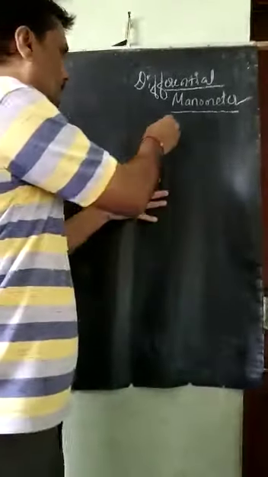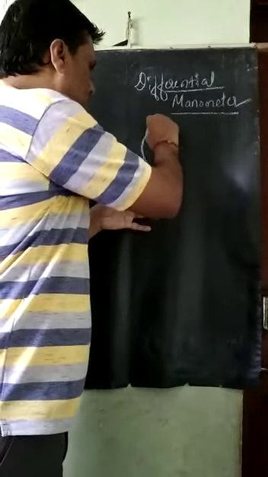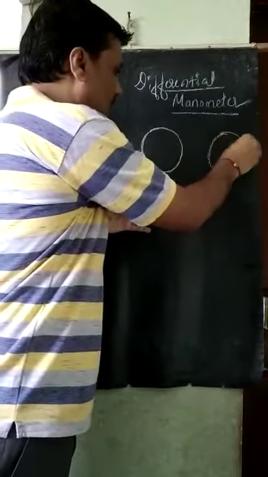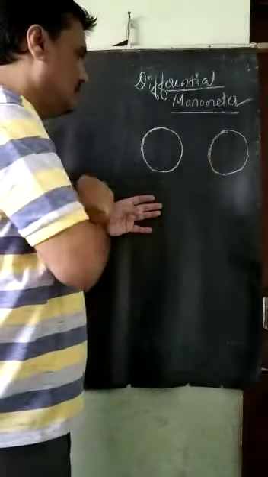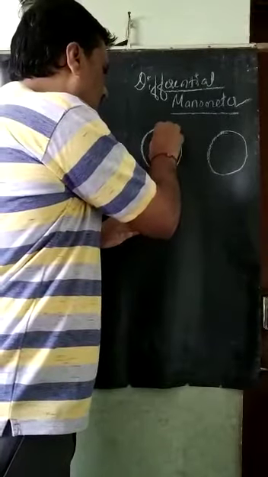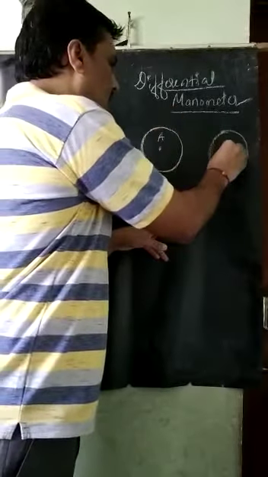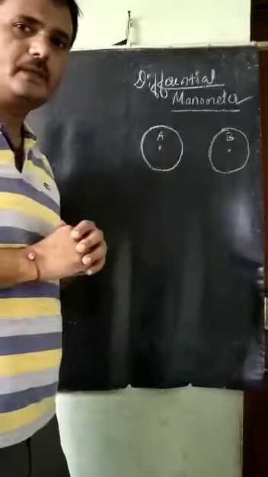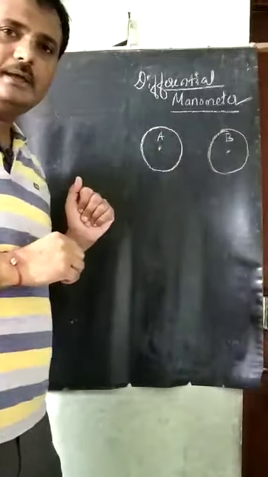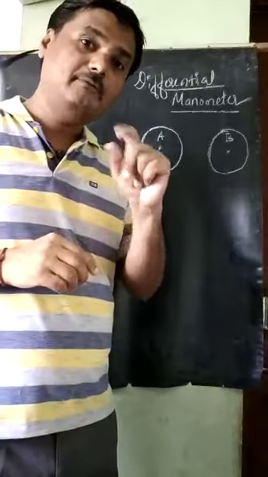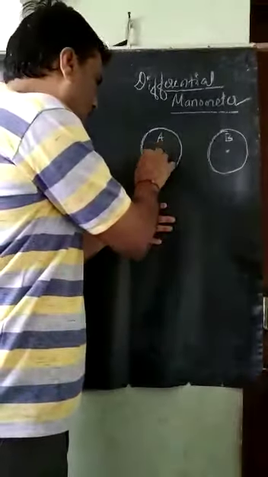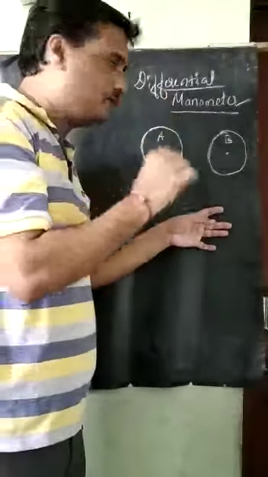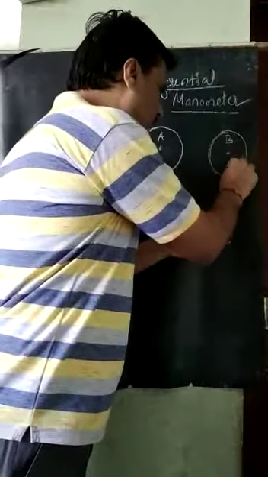For example, this is one pipe, pipe A, and this is another pipe, pipe B. In pipe A, the fluid flowing has density rho A. In pipe B, the fluid flowing has density rho B.